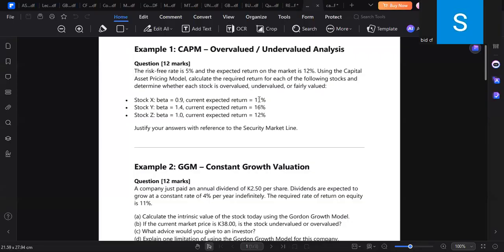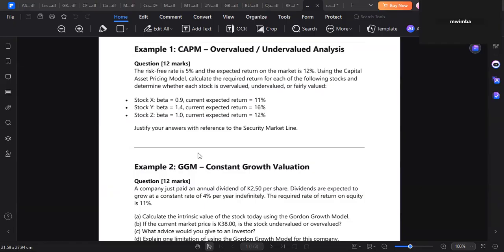So our answer is going to be based on the 11 itself. So here our required return was 11.3 and our actual was 11%. So the 11.3 based on the actual return of 11, we can say it is overvalued, right? So we're basing it on the actual, which is 11.